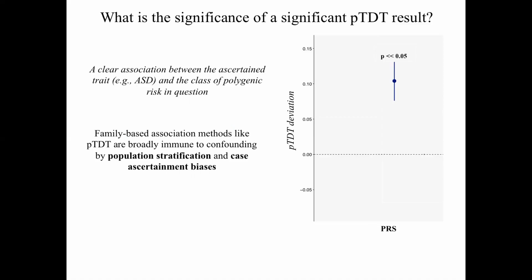But because it's a family-based method here, you are broadly immune to these biases because the comparison is within the family. And some of you may recognize this as just a 21st century polygenic version of the TDT, which looked at single variants, but here we're just applying this to classes of polygenic risk.